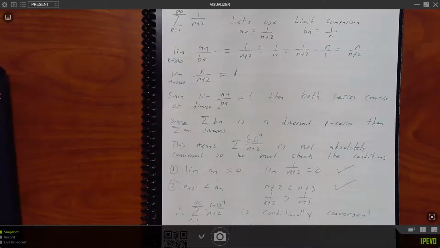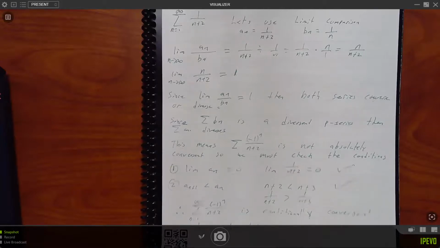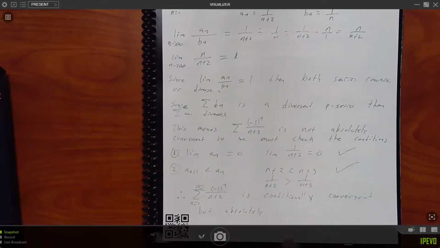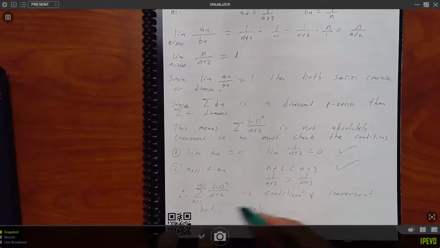If the limit is not zero, then none of this is worth doing because you already know the answer. Just put the word numbers.